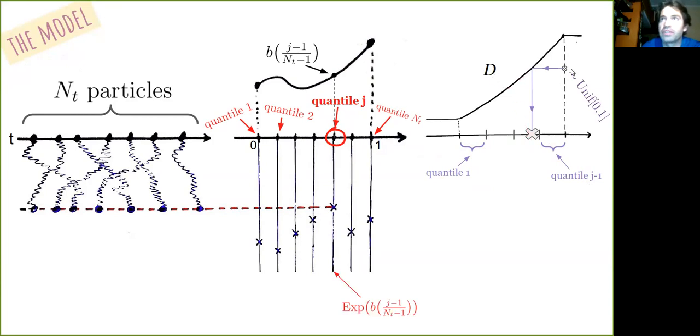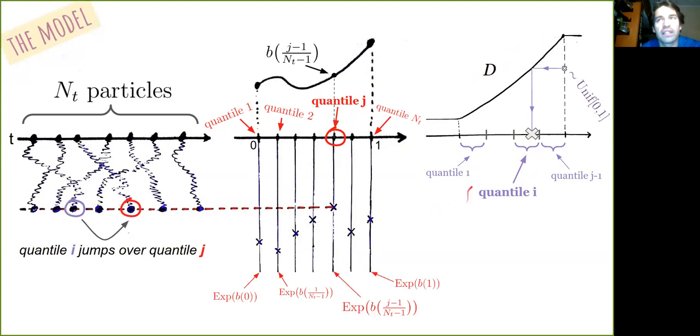So in this picture, we did it using the generalized inverse of this function and a uniform random variable. Okay, and depending on what interval contains this cross, we select another quantile. Let's say that it is the quantile i.